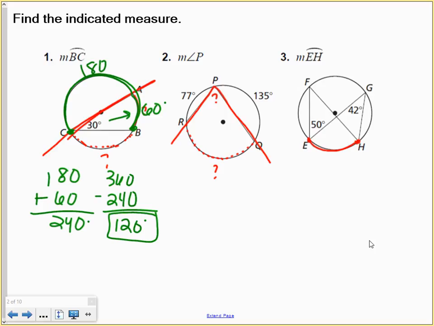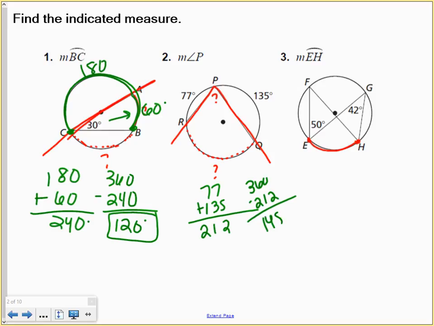Number 2, who would like to walk me through number 2? Nick? I added 77 and 135. Okay, 212, and then proceed.